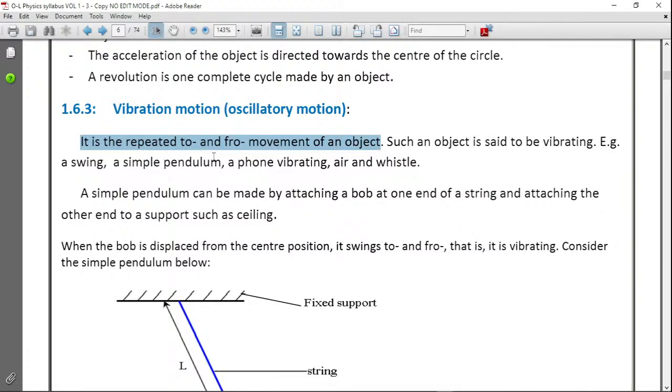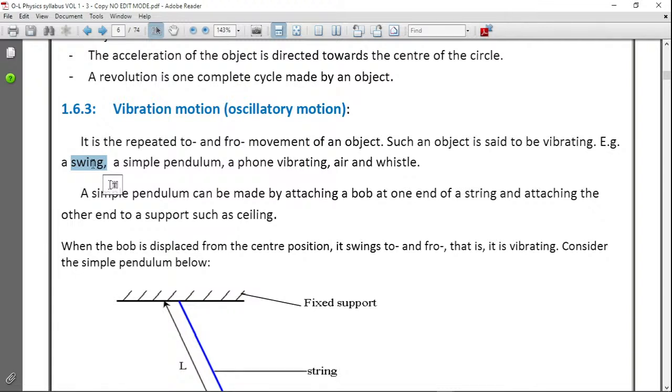So the repeated forward and backward movement of an object is what we define as vibrational motion or oscillatory motion. Such an object is said to be vibrating. You know about these machines that they use to dampen roots, right? They are actually vibrating. Another very good example of vibrational motion is a swing. Most of you sit on the swing and then your elder brother or younger brother is pushing, you move forwards and backwards. So that is vibrational motion.